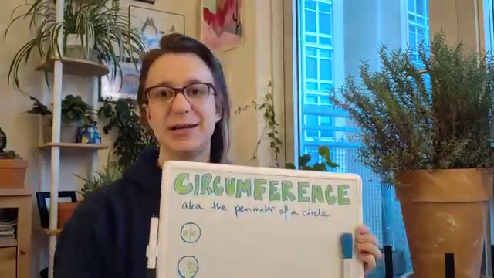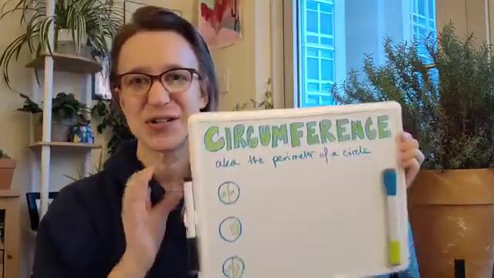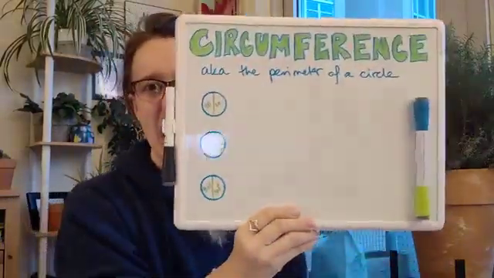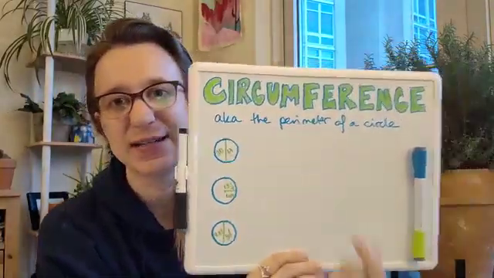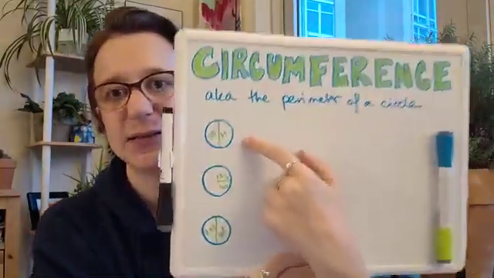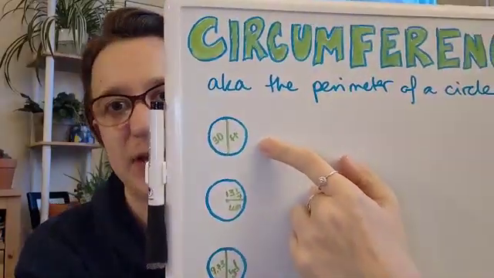This first one, let me move you a little bit closer so you can see the board a little better. There we go. All right, so this first one, our first circle has a diameter of 30 feet. Do you see? Yeah, okay.